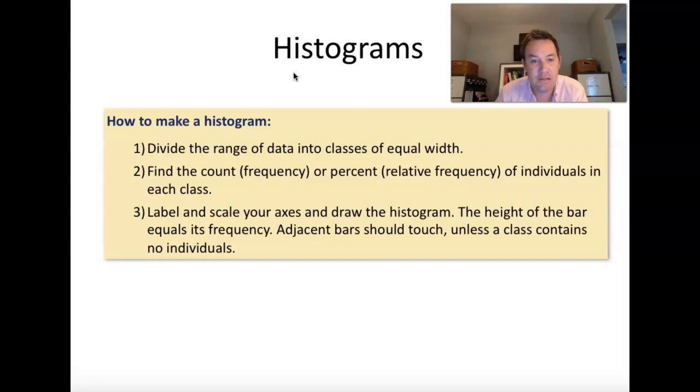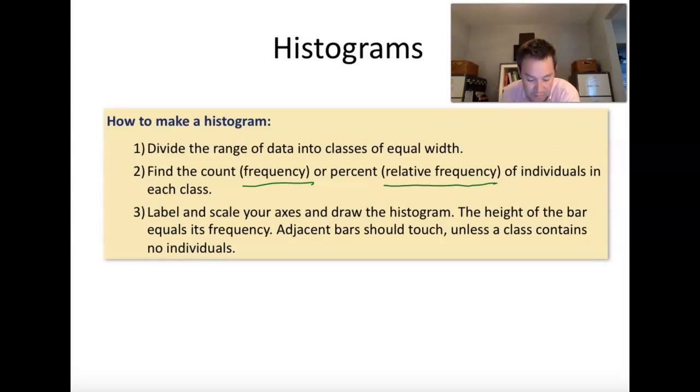All right, so how to make a histogram. You're going to divide the data into classes of equal width, find the count, sometimes we call that frequency, or percent, relative frequency of individuals in each class, and then label and scale your axes and draw the histogram.